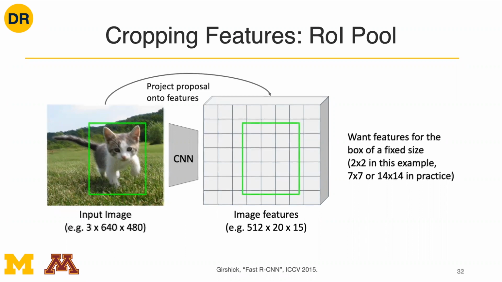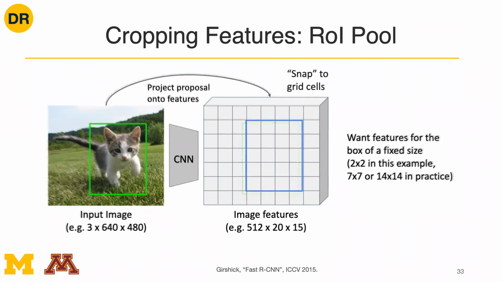So this is how you will find a correspondence in the feature map. Again, if you see, it's not exactly fitting into the grid structure, but that is the exact proposal that you got on your image space using a region proposal module. Now, one simple way of doing this would be to snap it to the grid cells, figuring out whichever is the closest corner for these proposals.